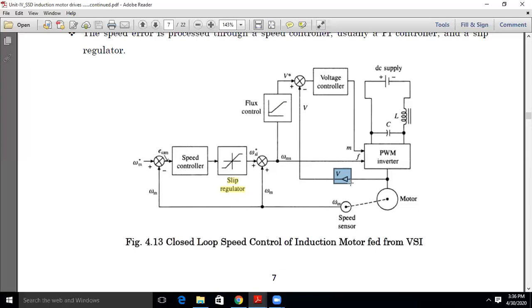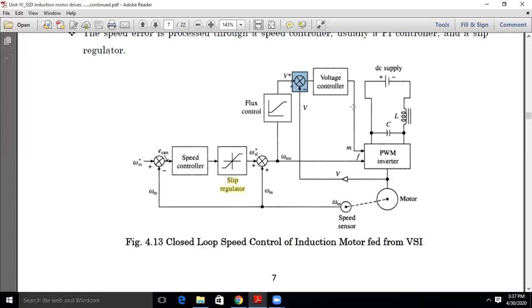The reference voltage and the actual operating voltage, these two voltages, are given to the comparator, which produces the voltage error.